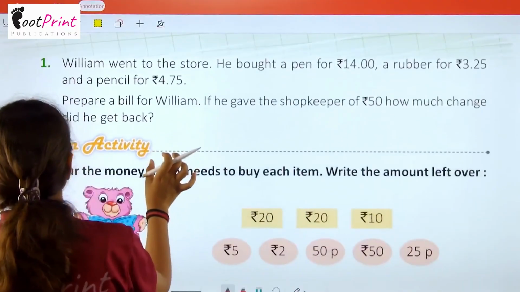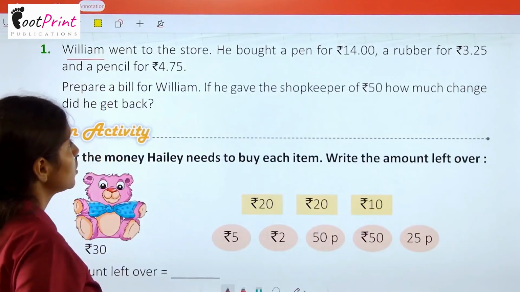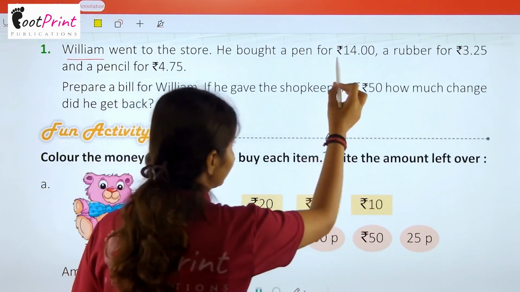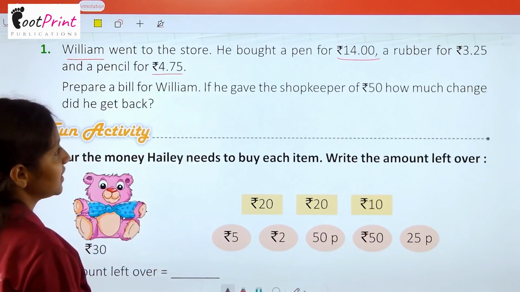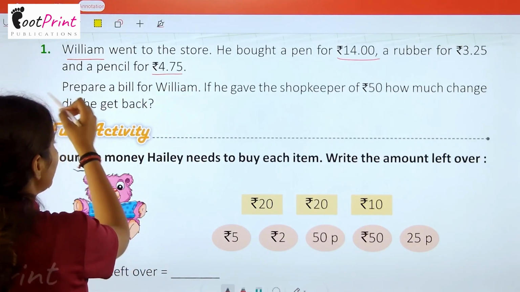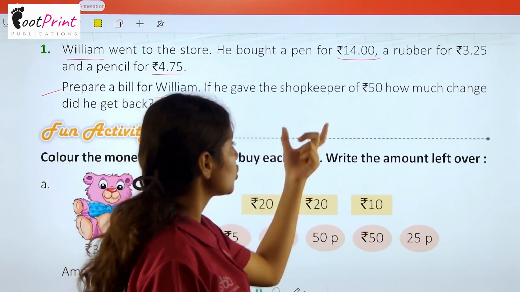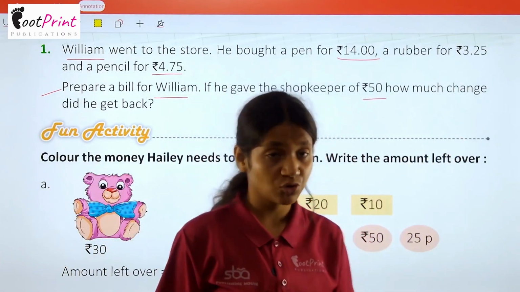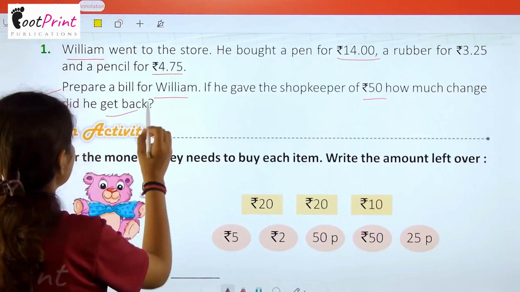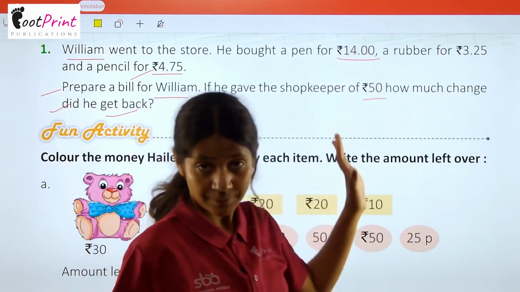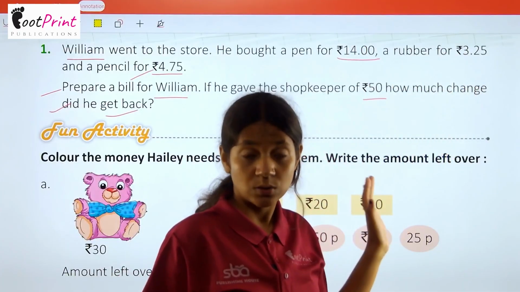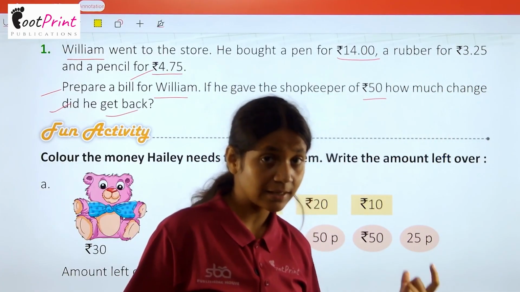Then we have question number 2. William went to the store. He bought a pen for rupees this much, a rubber for 3.25 and a pencil for 4.75. So, prepare a bill for William. If he gave the shopkeeper rupees 50, how much change did he get back? So, first you have to prepare a bill in which you will write these 3 things, their price, cost.